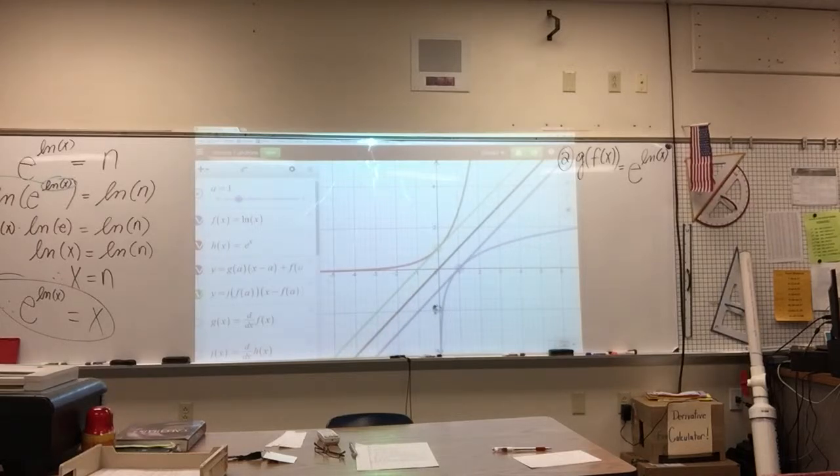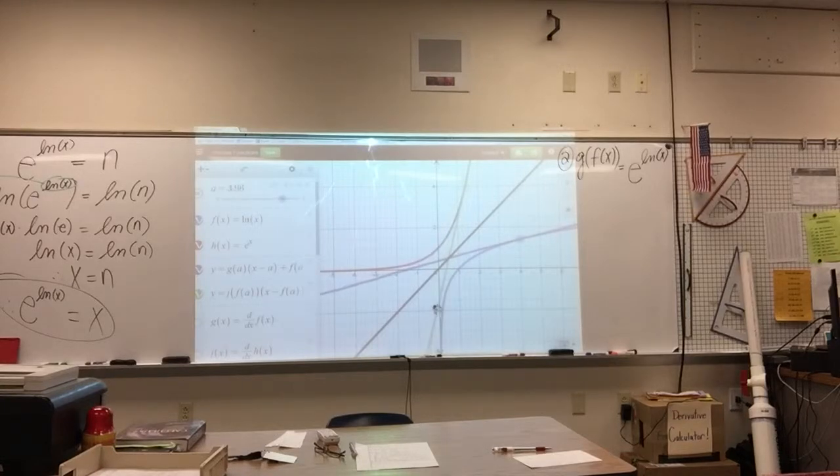If I stop it right at 1, what do you notice? They're parallel. That's the only moment that they don't touch. But if I let it go, look at how they intersect. They seem to crisscross right on the line y equals x, which is kind of cool. No matter how far I go up, they travel right along the intersect.